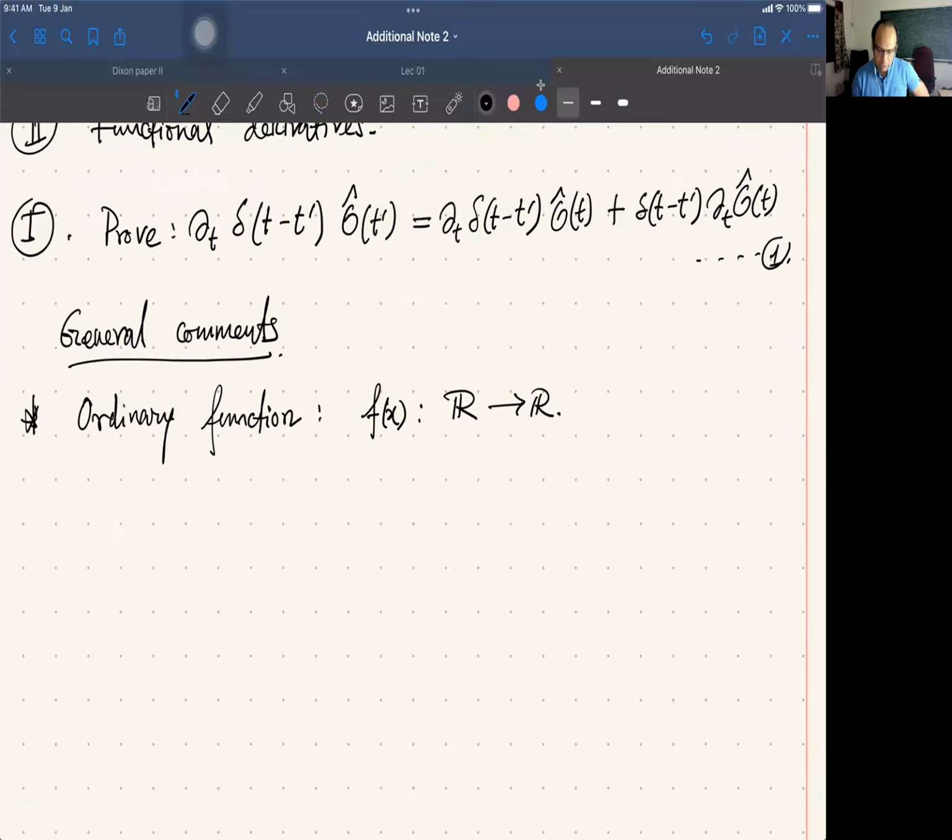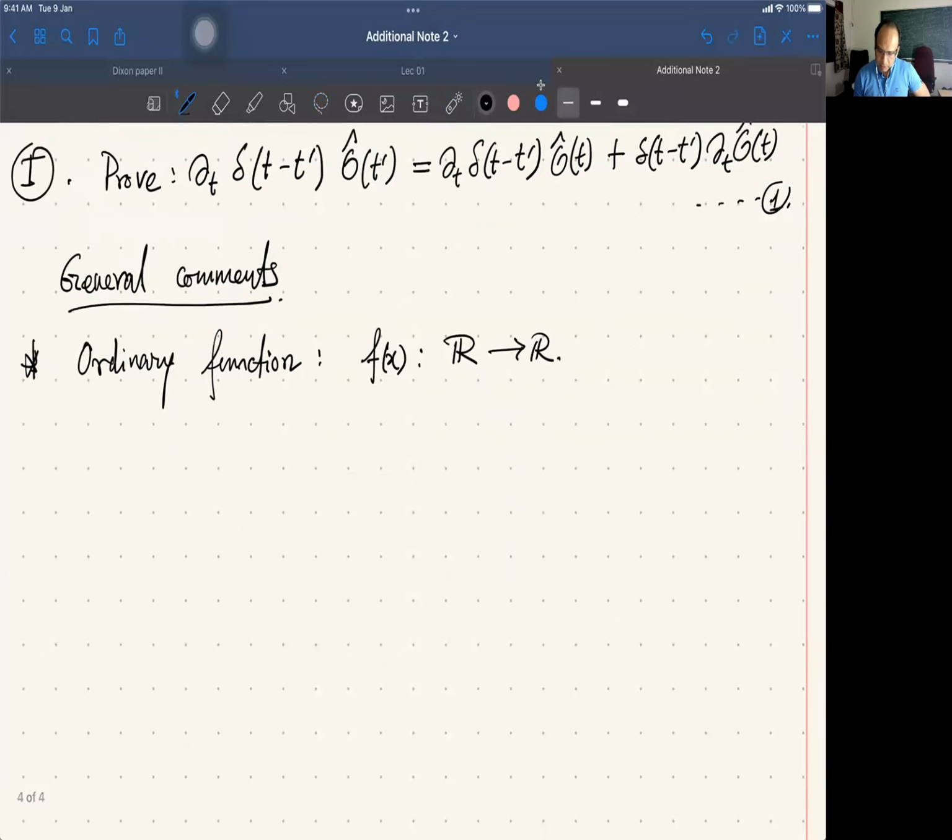Both the domain and the target can be more complicated than the simple real line, and that is what a function is. Now, knowing this map, what we can do is calculate all possible integrals involving this function, if it is an integrable function.